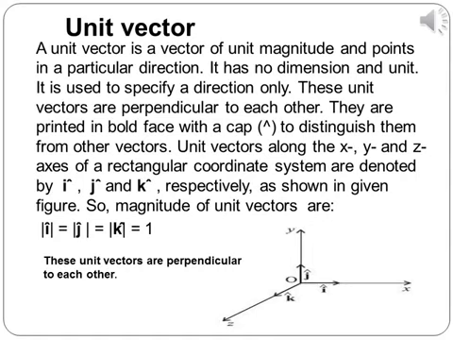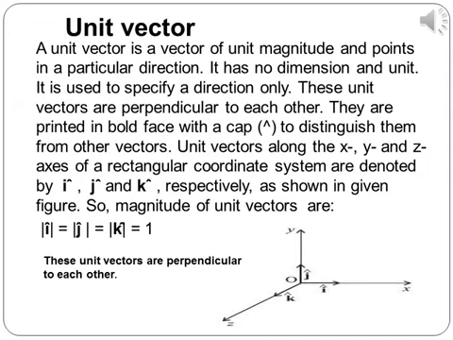These unit vectors are perpendicular to each other. They are printed in boldface with a cap, whose symbol is given in this slide, to distinguish them from other vectors. Unit vectors along the x, y and z axes of a rectangular coordinate system are denoted by i cap, j cap and k cap respectively, which are shown in the given figure.